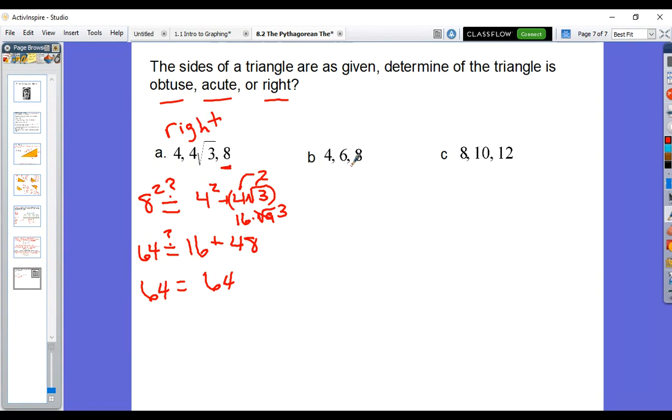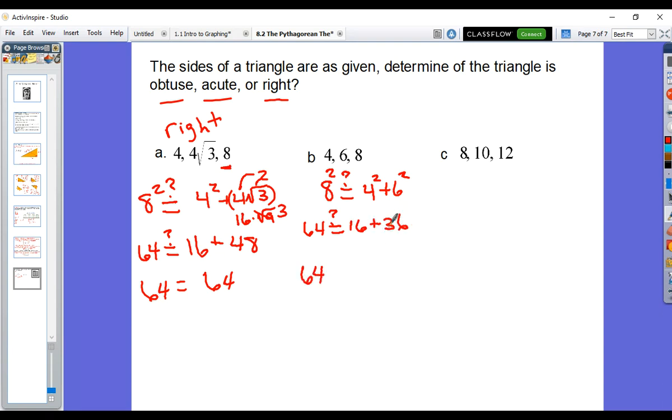Let's look at 4, 6, and 8. So 4, 6, and 8, we're assuming again 8 is the hypotenuse. So 8 squared equals, question mark, 4 squared plus 6 squared. Well, let's try this out again. 8 squared is 64. 4 squared is 16. 6 squared is 36. So we still have 64 over here.